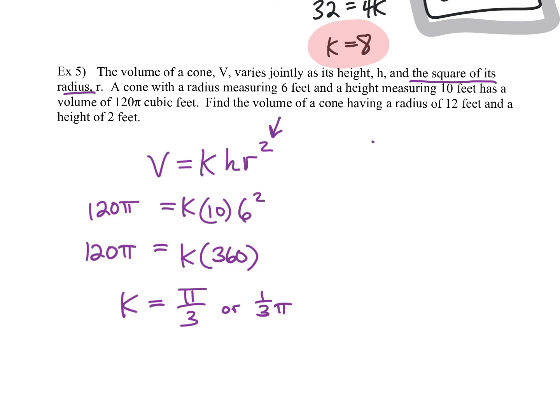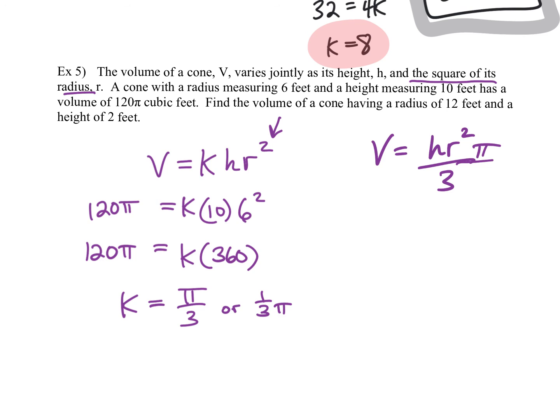Now that we have a k value, we have a volume formula. It is going to be height times radius squared, multiplied by pi, all divided by 3. If you think back to our geometry classes, this formula should seem familiar. The volume is represented by the radius squared times pi times the height divided by 3.